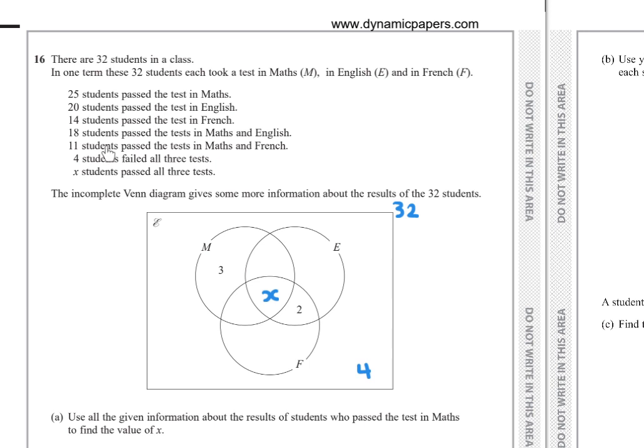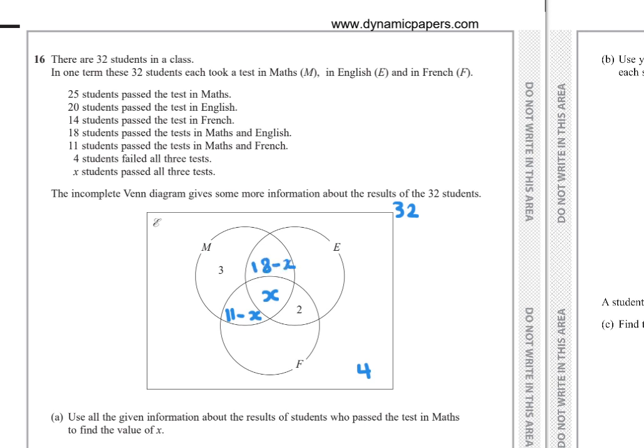Now we have 11 students passed the test in math and French. So this region is 11. If this region is X, then this is 11 minus X. Now 18 students passed in math and English. So if this is X, this is 18 minus X.